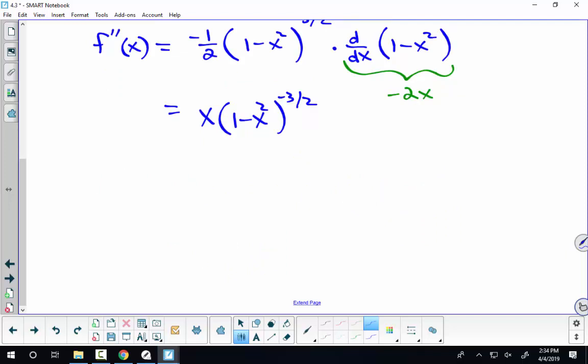So there's our second derivative. Writing it with positive exponents, we have x over the square root of 1 minus x squared to the third.